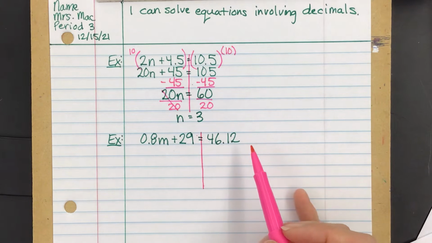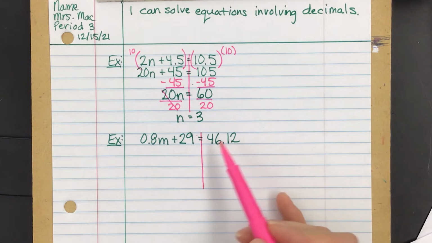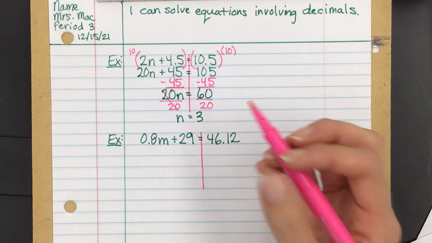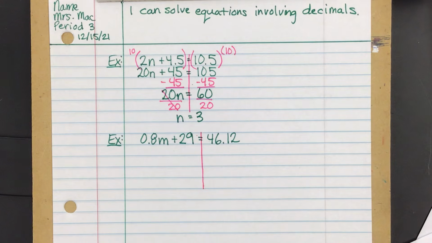If I multiplied both sides of the equation by 10, I would still be left with a decimal over here. So instead of multiplying by 10, what am I going to multiply by?